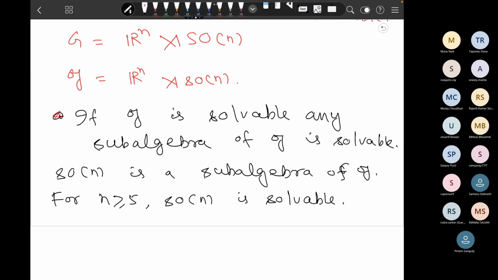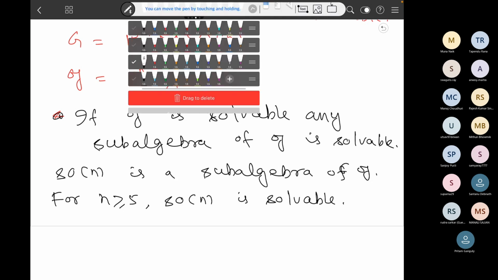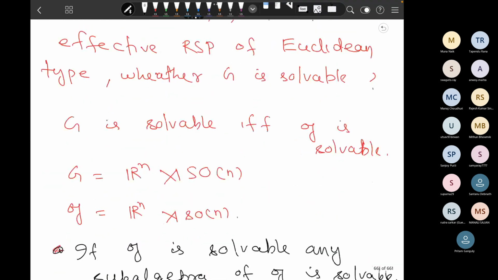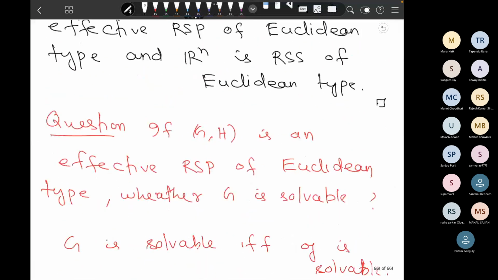Actually, if you exclude the case n = 4, it is not solvable. Sorry, it is simple, and simple Lie algebras cannot be solvable. So for that reason, this G is not solvable. Hence, G is not solvable. Actually, if you just see the definition, you will get it. That is a nice answer.